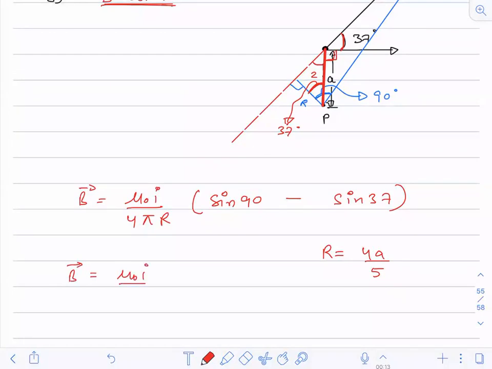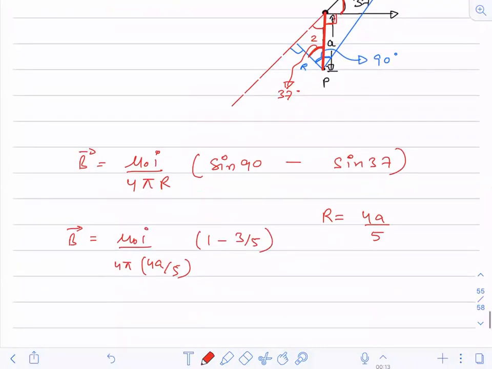Mu naught I by 4 pi, r value is 4a by 5. Sine 90 is 1 and sine 37, what is sine 37? It is 3 by 5. So this becomes 2 by 5. Now you can solve this.